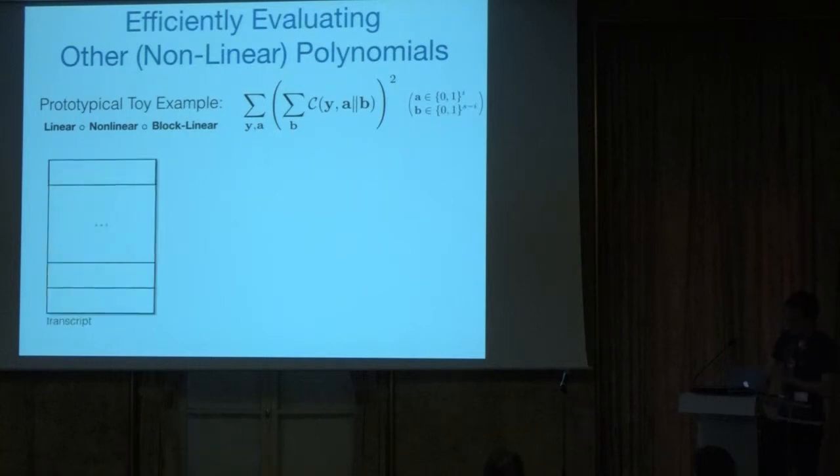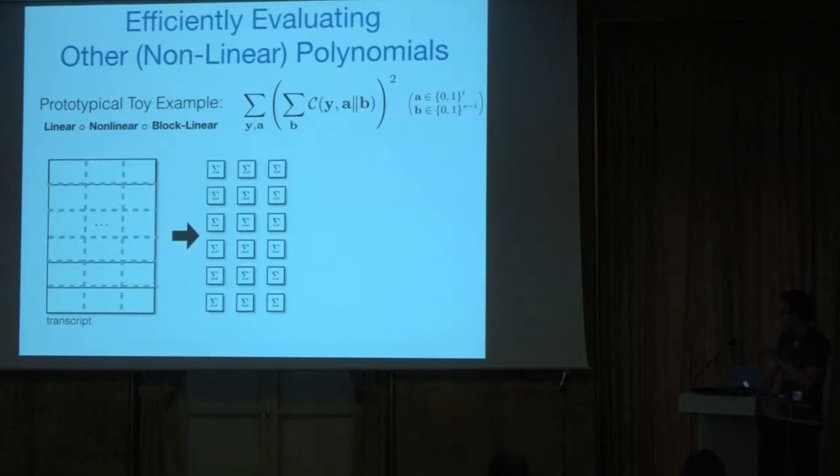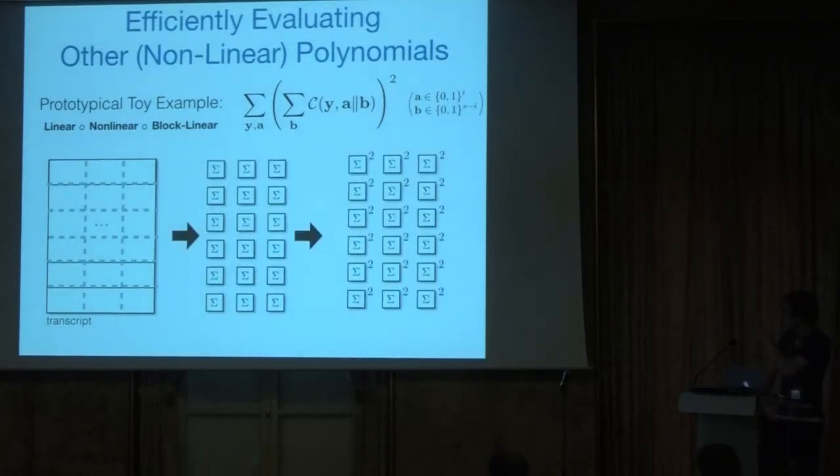So just to more graphically show what this kind of polynomial looks like and how you might go about computing it: the inner sums are indexed by a y and an a, and these correspond to taking your transcript and chopping it up into blocks. Then for the rest of the stuff, you sum everything within each block, square each thing, and then sum all of those.